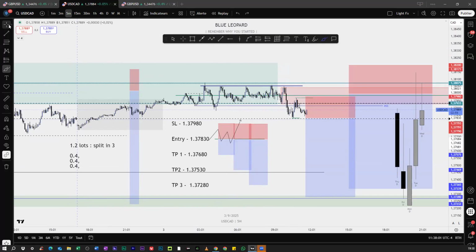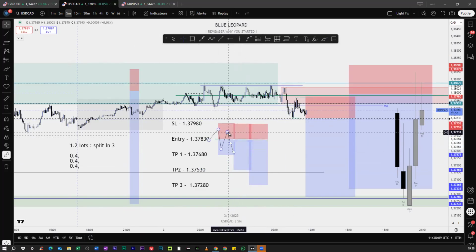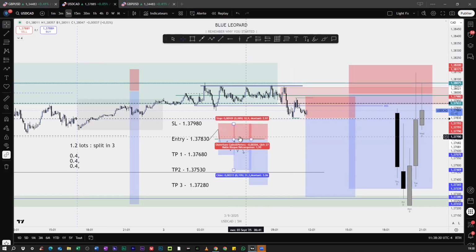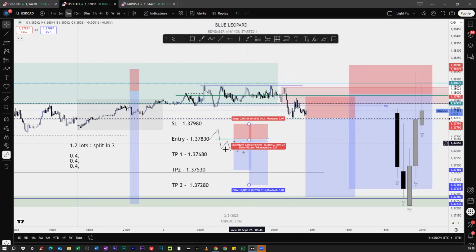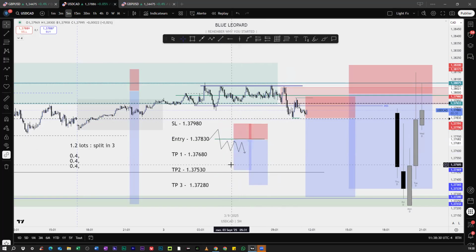But if at some point the market was doing some crazy stuff here and stayed in a range and couldn't do anything, stayed here for the entire day, I could just close one trade. I could close this one and I already bagged the profit, even if it's a small profit, but I know that profit is in my account.